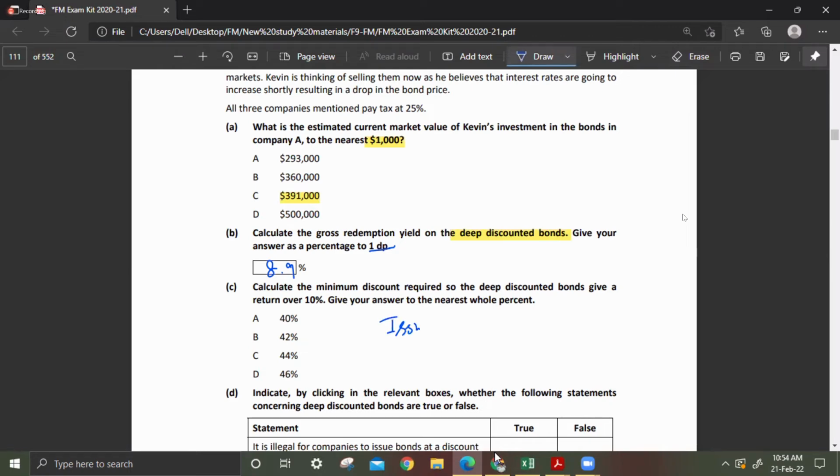You want to know what is the issue value, so that you get a return of 10%. And you know what is the nature of deep discount bonds? It is redeemed at face value. So how much discount is given? They are asking. Solve.